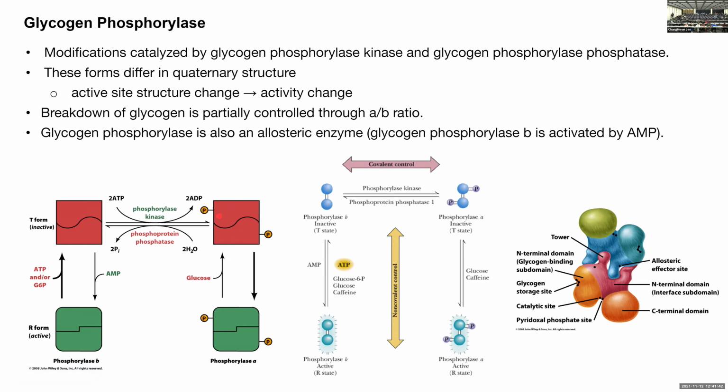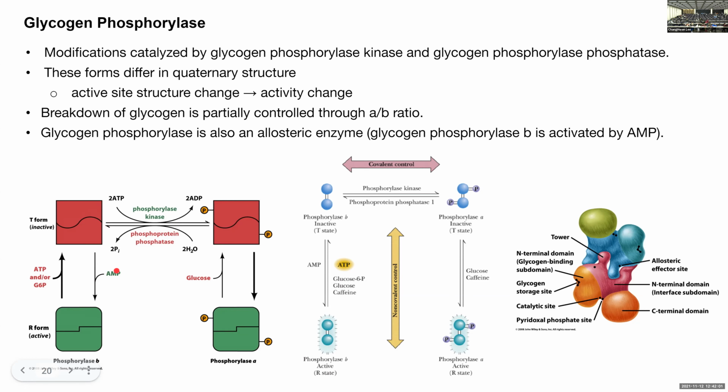Adding the phosphate will make this phosphorylase active, but we also talked about the allosteric here, right? So it has the allosteric effector site, and the allosteric effector for this enzyme, glycogen phosphorylase, is AMP.